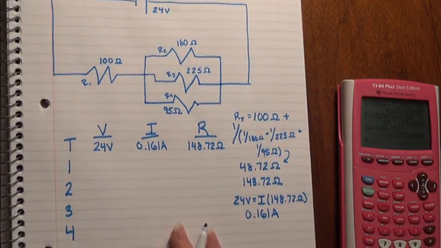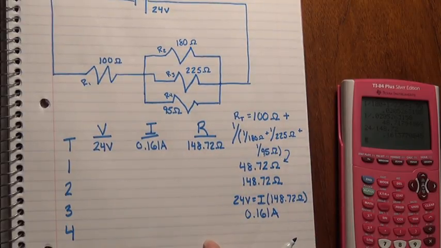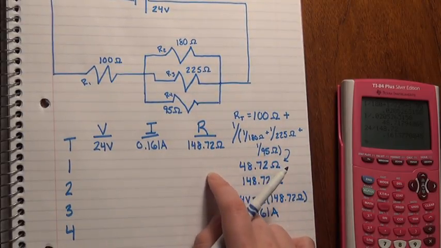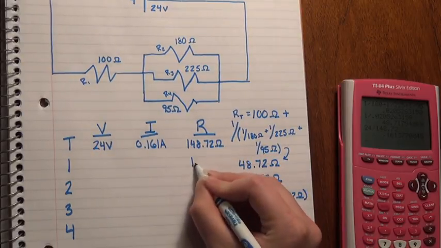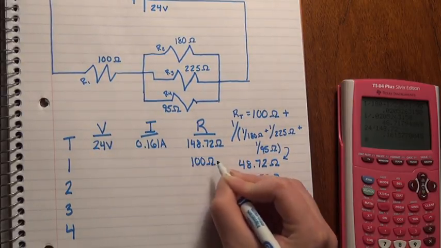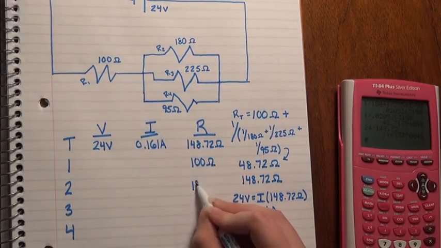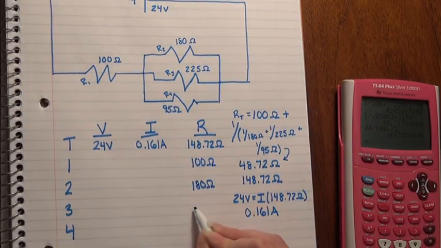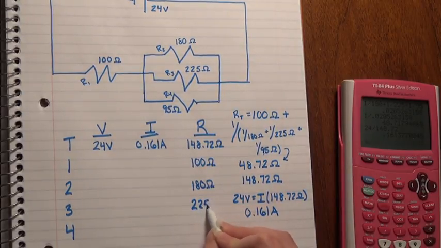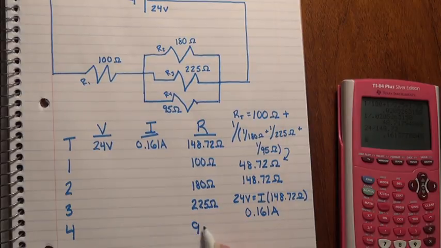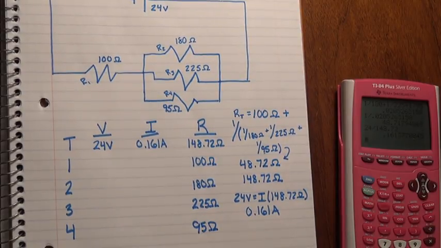So now that we have that, we can go ahead and fill in all of our known information about our resistors, which are given here. So we have 100 ohms for resistor 1, 180 for resistor 2, 225 for resistor 3, and 95 for resistor 4.